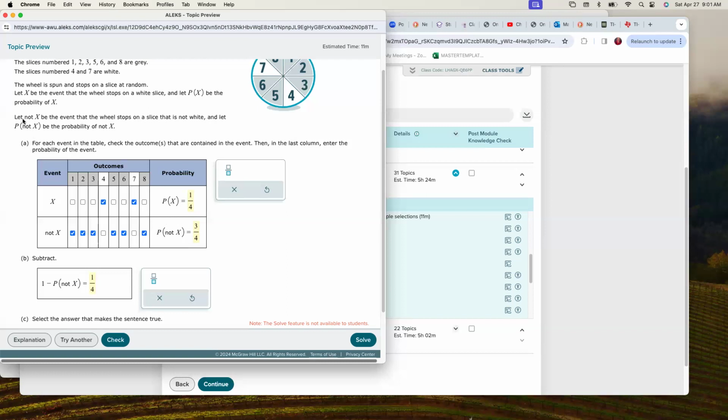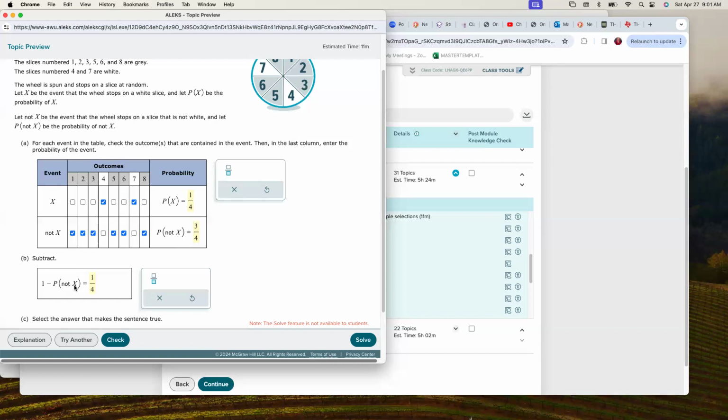Again, let not X be the event that it is not white. And so therefore, X is the event that the wheel stops on a white slice. They define that up here. And P of X is the probability of that event happening. One of the things they're trying to emphasize here is that if I consider the probability of an event and its complement, they're always going to add to 1.